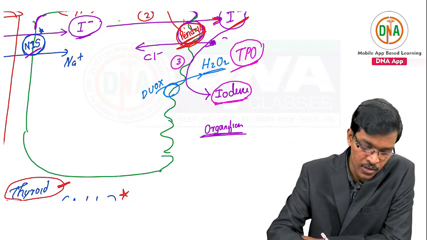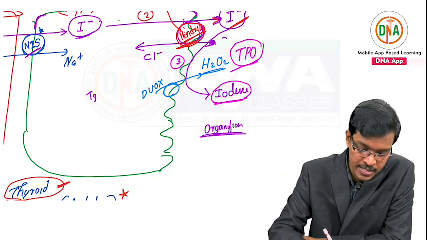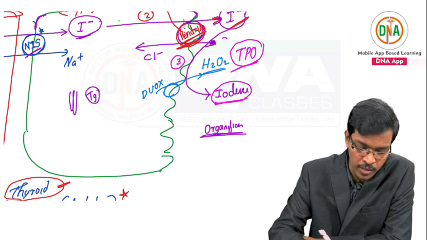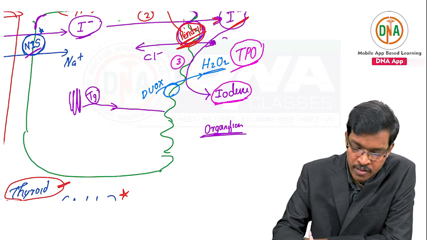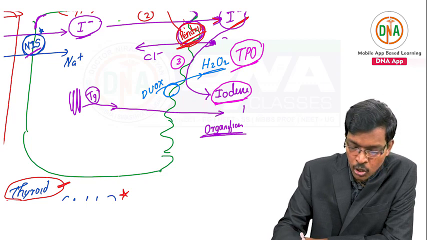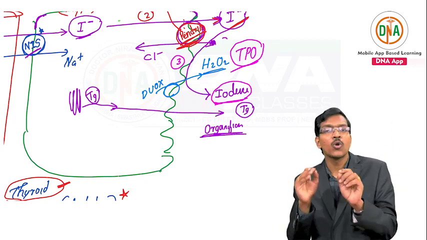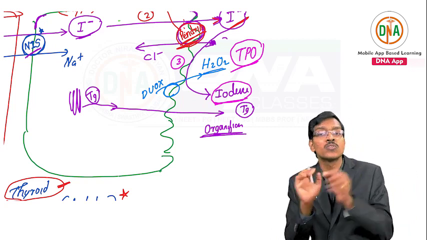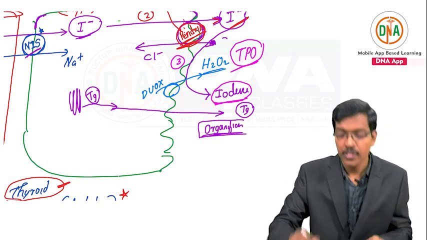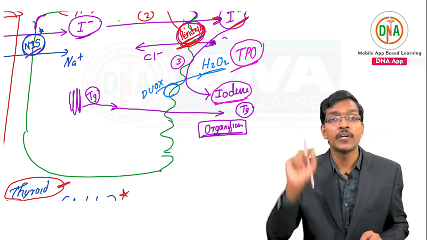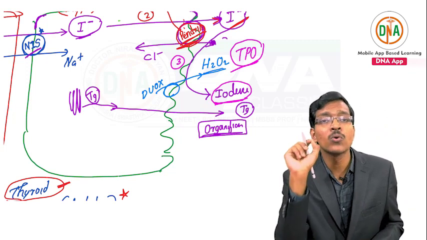So, we have thyroglobulin which is synthesized in the endoplasmic reticulum and processed in the Golgi apparatus, and this thyroglobulin will be secreted into the colloid. The thyroglobulin molecule has tyrosine residues. So, in the organification step, iodine will be added to tyrosine residues of thyroglobulin.